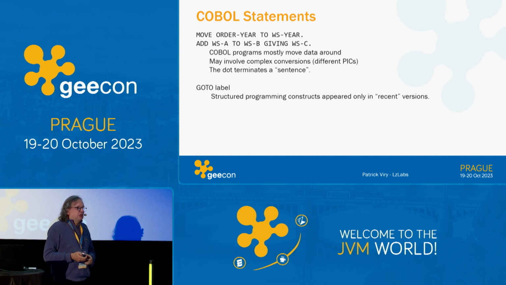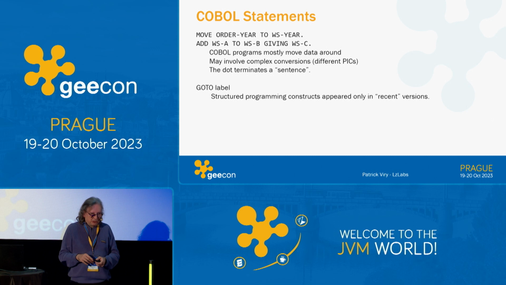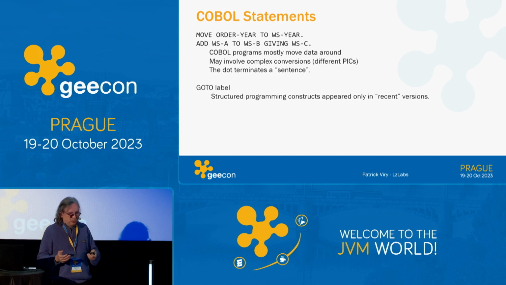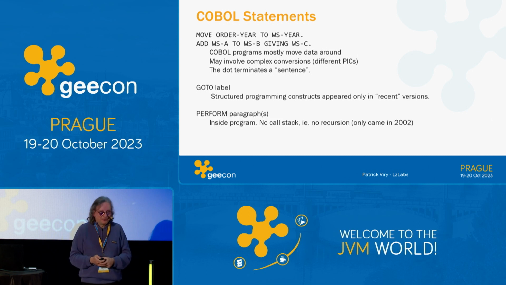Originally, the only branching statements in Cobol were goto and if then else. Some more structured statements came recently. That means like 20 years ago. But they still mostly use goto. Right?